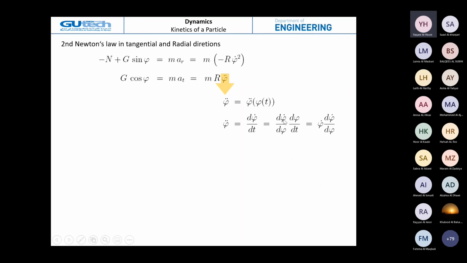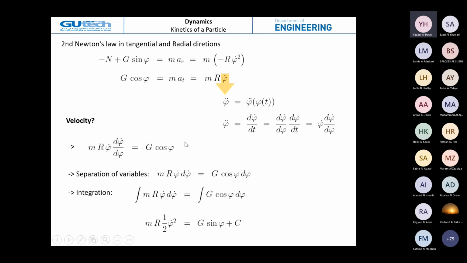In this case we apply the chain rule: d phi dot divided by d phi, multiplied by d phi divided by dt. Then d phi over dt is only phi dot. So we have phi dot multiplied by d phi dot divided by d phi.